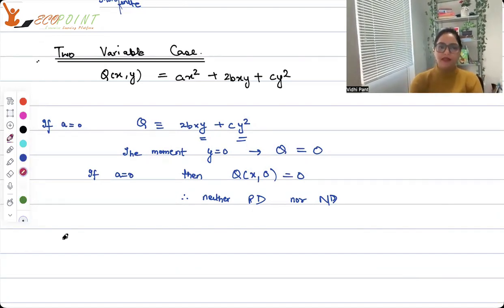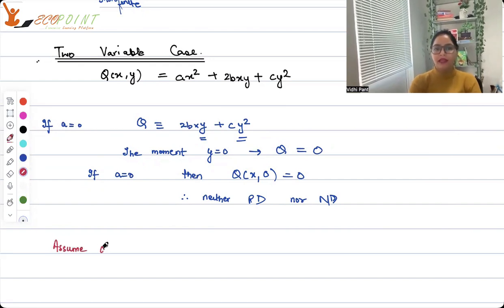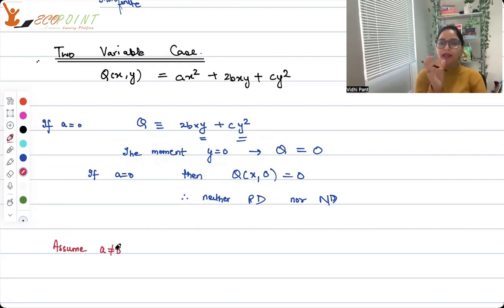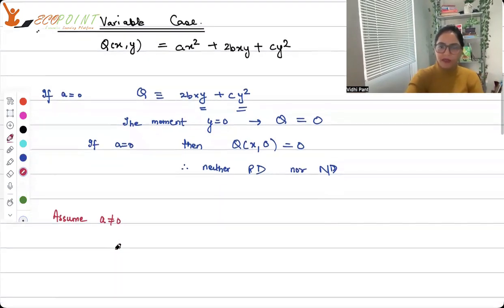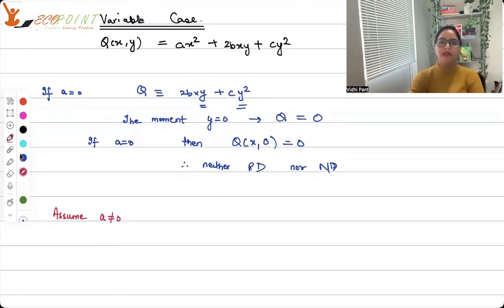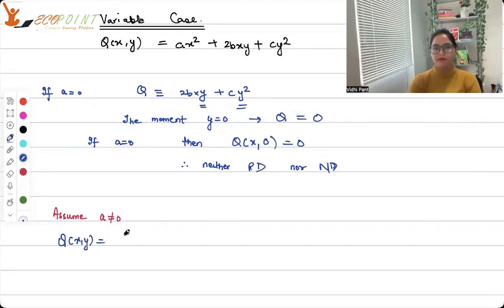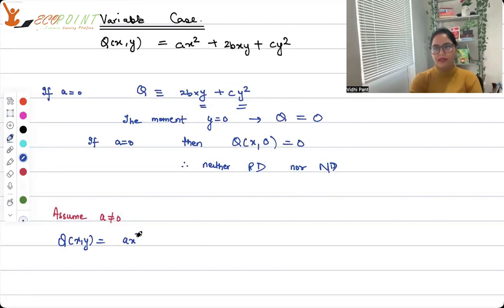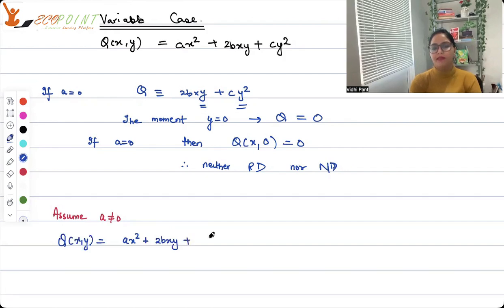So let us assume a is not equal to 0 for us to come to a criteria for definiteness. Okay. So let's assume that a is not equal to 0. Now, Q(x, y) is equal to ax square plus 2bxy plus cy square.